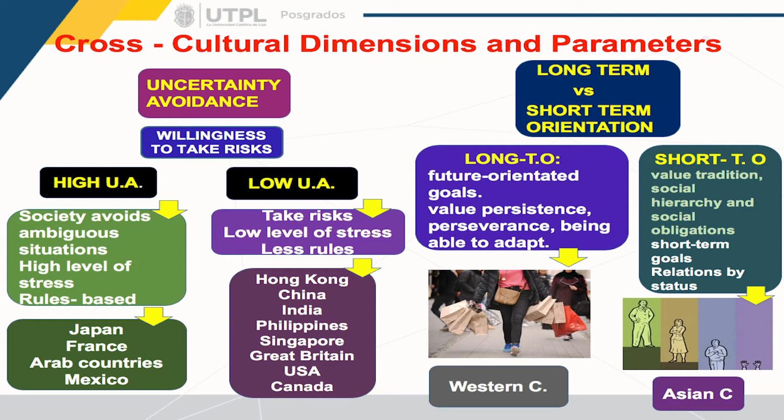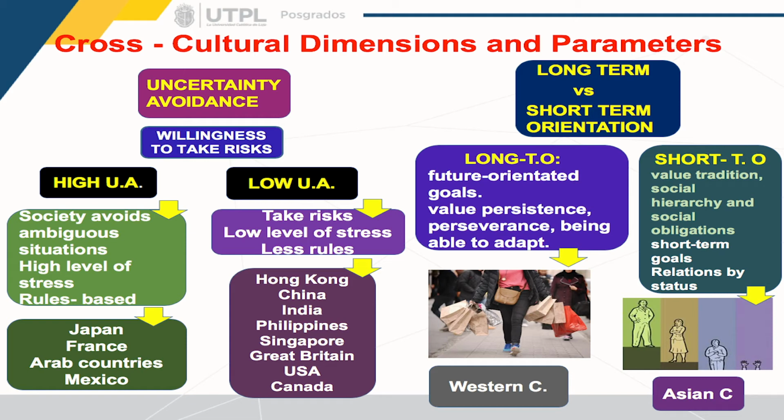In high uncertainty avoidance culture, society avoids ambiguous situations, and there is a very high level of stress. All the relationships are rules-based. Countries that represent this cultural behavioral norm are Japan, France, Arab countries, Mexico. In contrast, in cultures with a low level of uncertainty avoidance, there is a low level of stress.